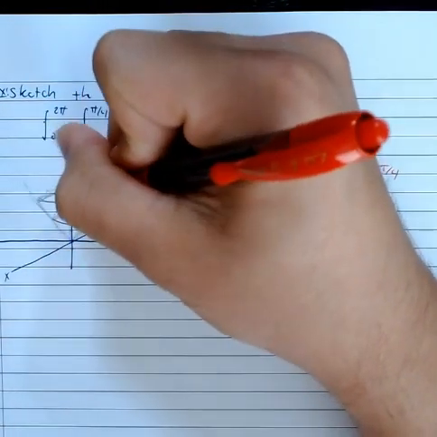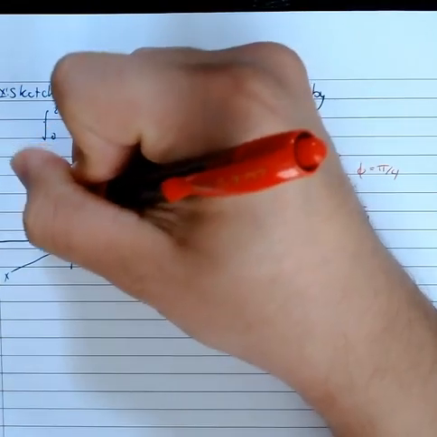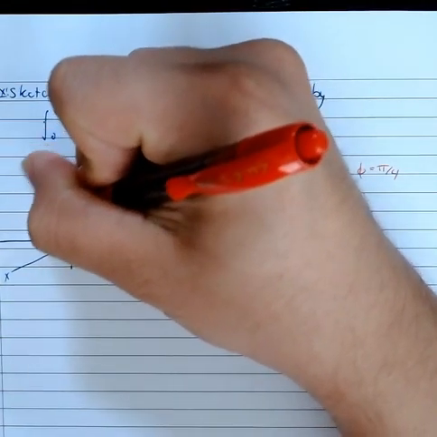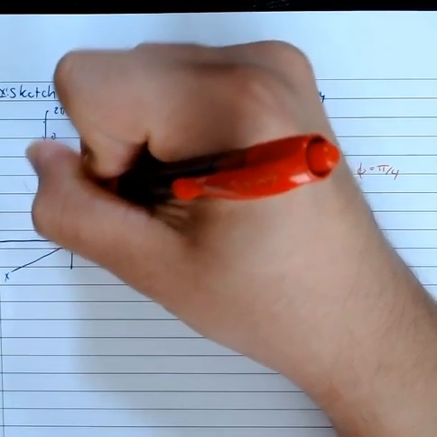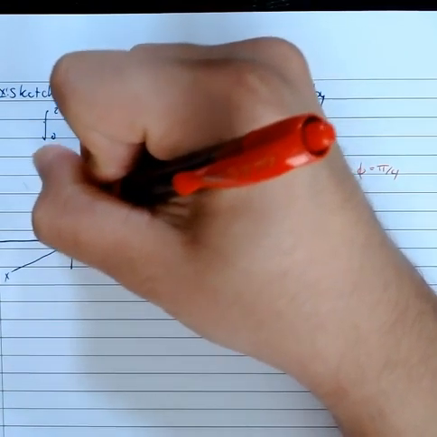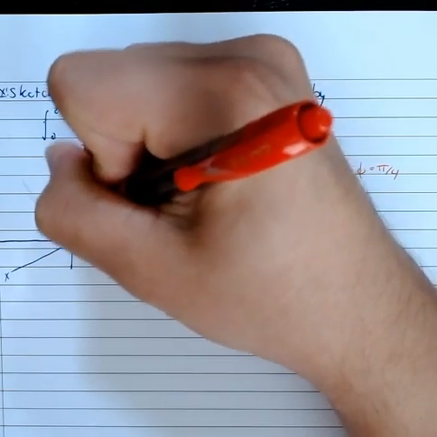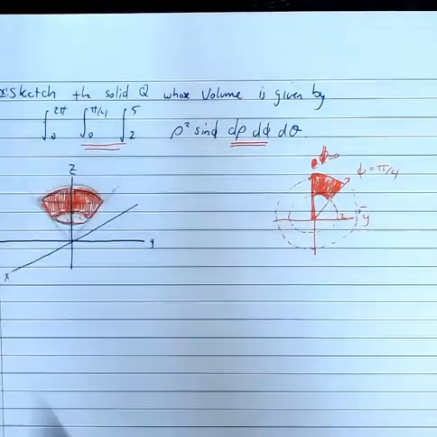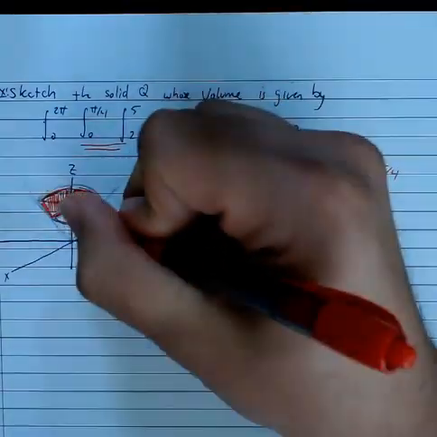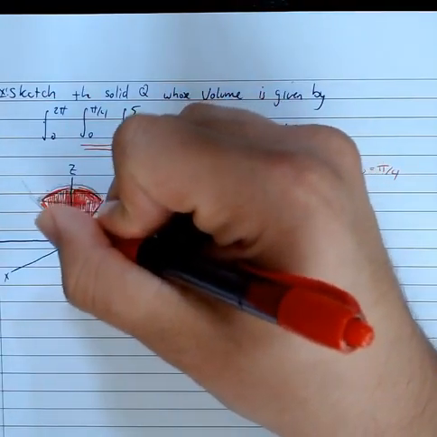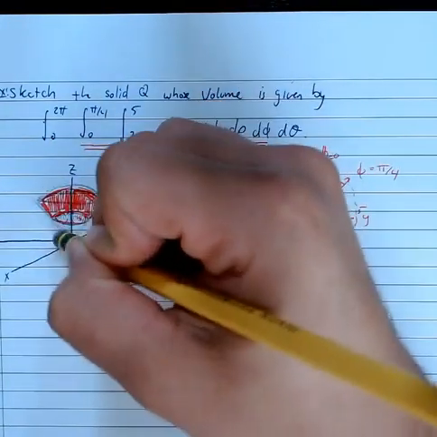Our object is this shape here. These, of course, are just there to guide me, but they're not actually part of my graph.